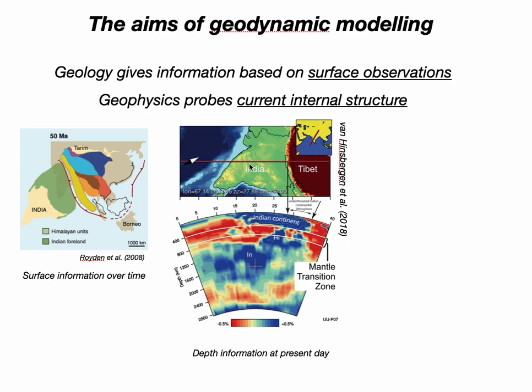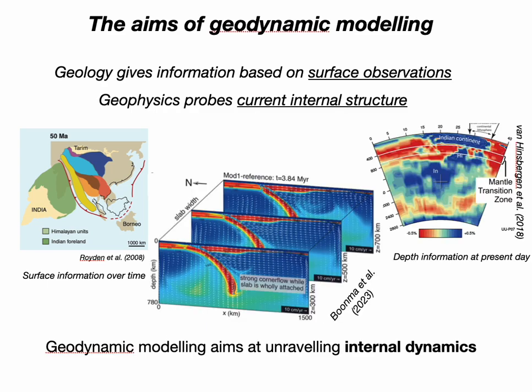This is a section through a tomographic model, a seismological processing. You see the continent in blue here, and potentially the presence of slabs at depths below the Indian continent. So this gives you static information of what is happening nowadays at depth.